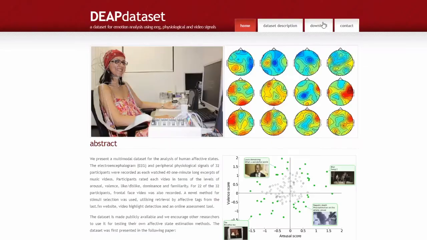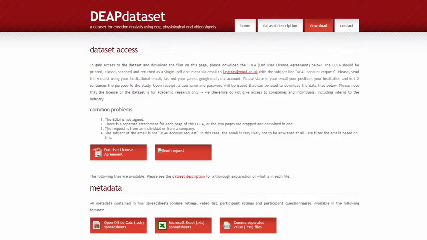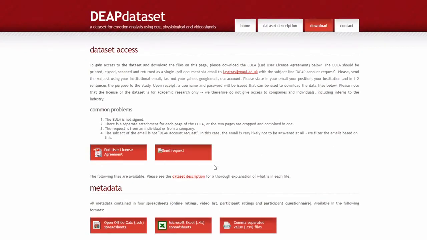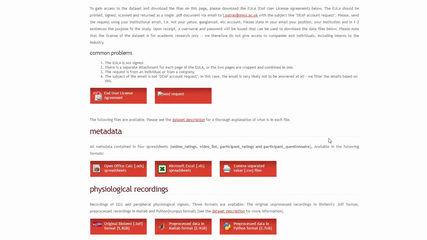It is a pretty good dataset and it's free to download. If you go to download and send a request to them, they will reply really fast, usually within 1 or 2 days, giving you access to download the data.